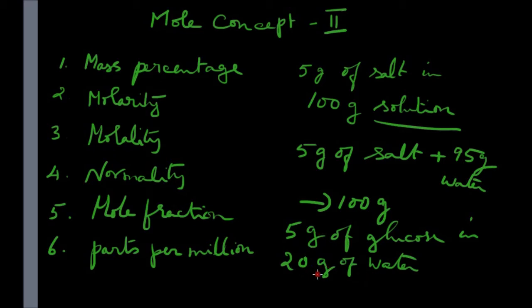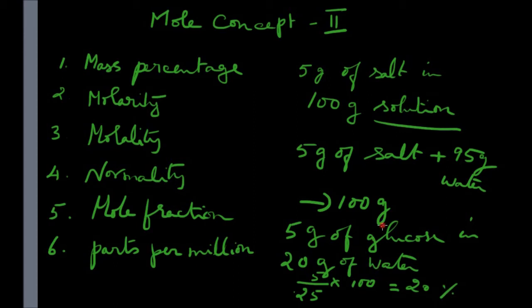What should you consider? You should consider the total mass of solution. So the total mass of solution is 25 grams. So 25 grams of solution contain 5 grams of solute. 100 grams of solution will contain how much? That will be 20%. Is that clear to you? So this is how simple it is.